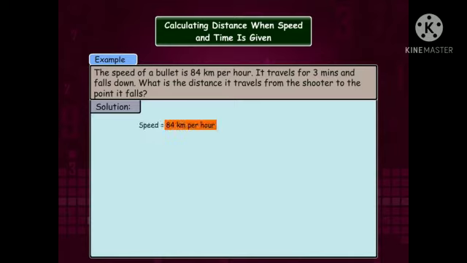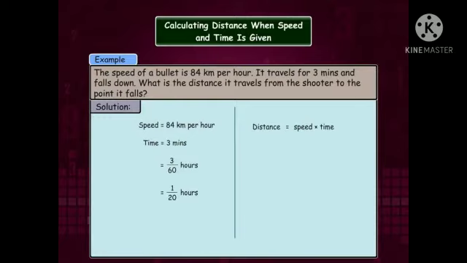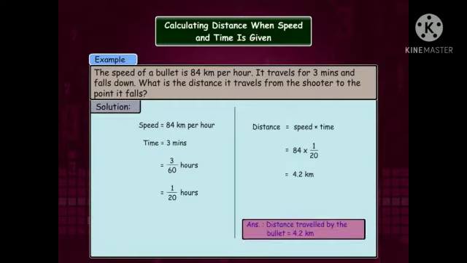Time is equal to 3 minutes. So convert 3 minutes into hours, 3 by 60 hours, which is equal to 1 by 20 hours. Distance is equal to speed into time. 84 into 1 by 20. If you simplify this, we get 4.2 kilometers. Therefore, distance traveled by the bullet is equal to 4.2 kilometers.